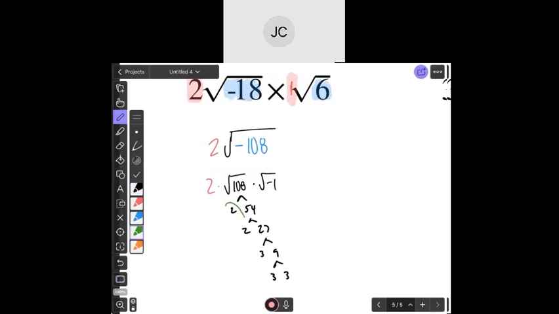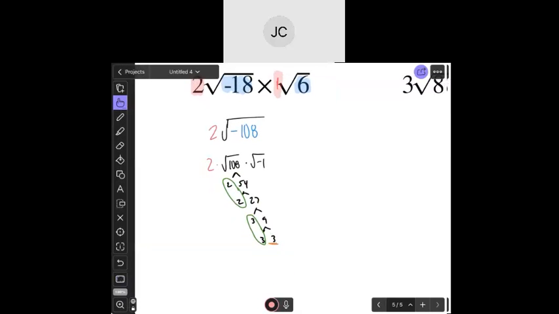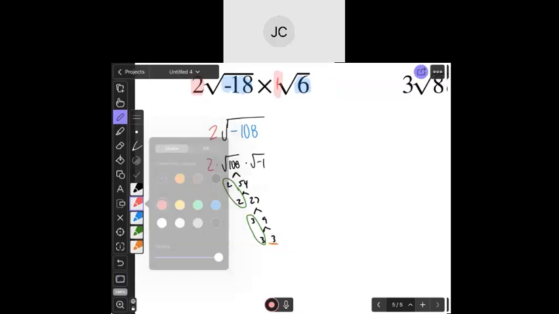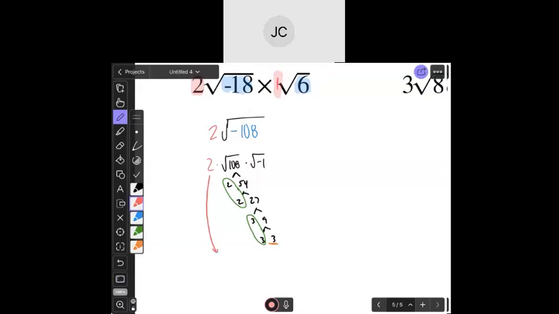Go looking for buddies, as Audrey likes to say. So I don't want to lose track of that 2. That 2 comes down. This 2 also comes down. This 3 comes down, and my radical. And this 3 stays in. And then my I pops there. Again, that's all just multiplication.